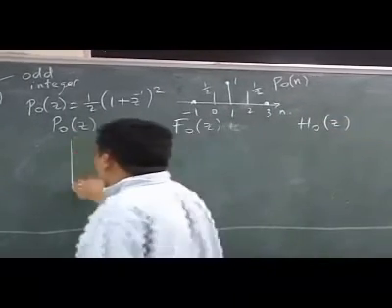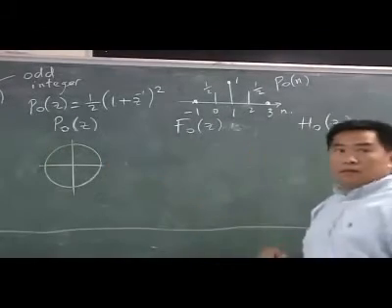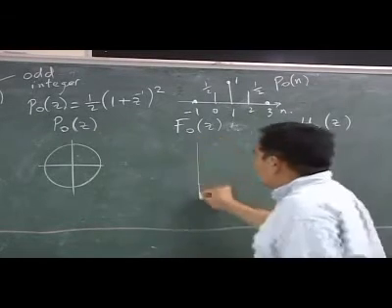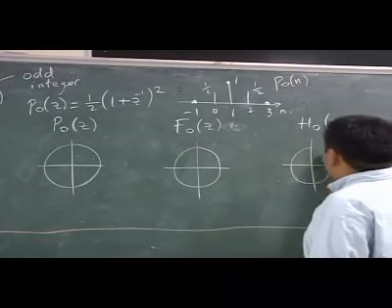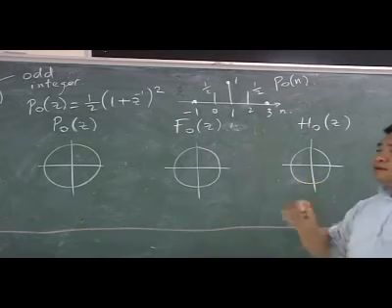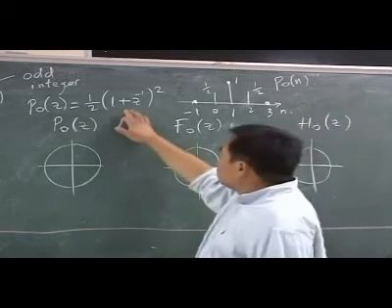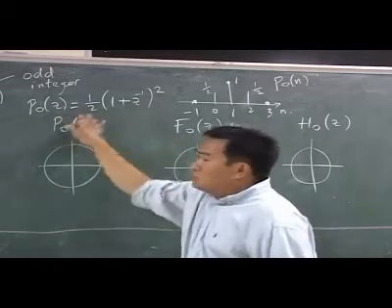Here is the z-plane pole-zero plot for P0, and here is the pole-zero plot for F0 and H0. What are the zeros of P0 of z? To find zeros, remember that we need to find where this function goes to 0.